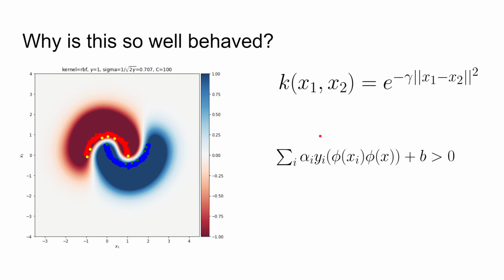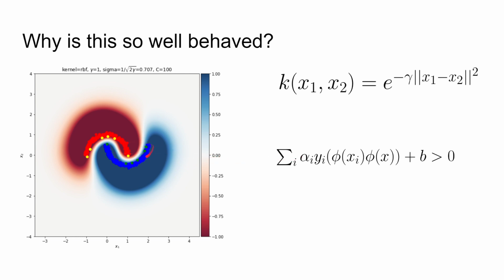But because we know that when I'm trying to classify a new data point, that's how I drew this graph: I took each individual data point in this whole space and asked what the classifier would output for it. So let's use this equation here. In theory, what I should do is take my data point, compute all the features of that data point, and do the dot product with the xi's, that's over these green and yellow dots.